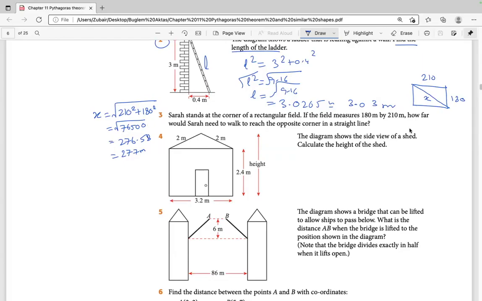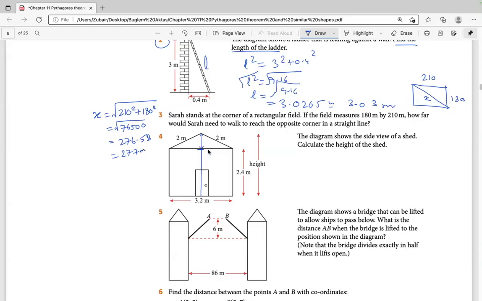Question number 4. The diagram shows the side view of a shed. Calculate the height of the shed. So height of the shed is the full from top vertex to the bottom. So we already know this height is 2.4 and I need to find this upper section.